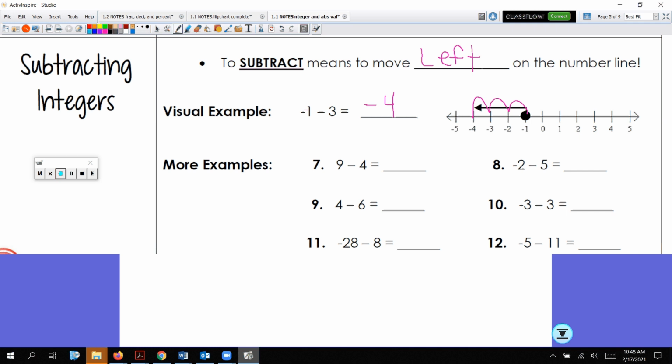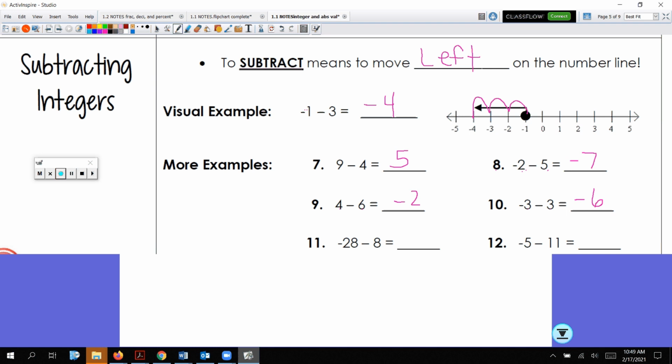If I start at 9 and I subtract 4, I go to 5. If I start at negative 2 and I subtract 5, I go to negative 7. For number 9, if I start at 4 and I subtract 6, that gets me to negative 2. Number 10, I start at negative 3 and I subtract 3, that gets me to negative 6.